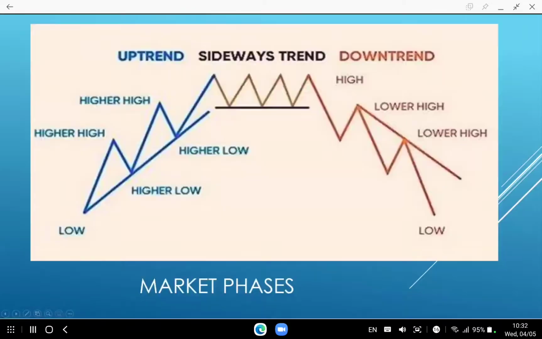All right, now we're going to go into market phases. There are 3 different ways the market moves: a trendy market, a consolidated or sideways market, and a downtrend. And then there's expansion.